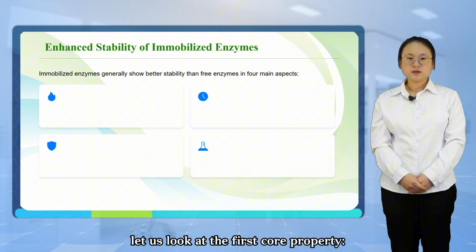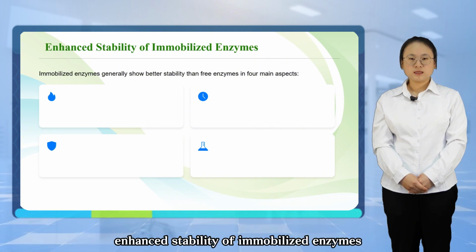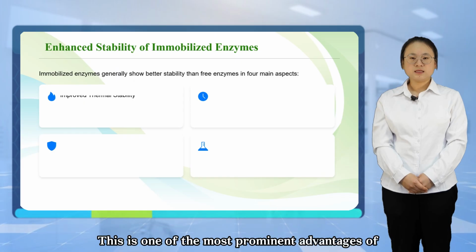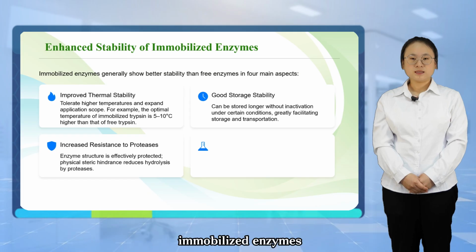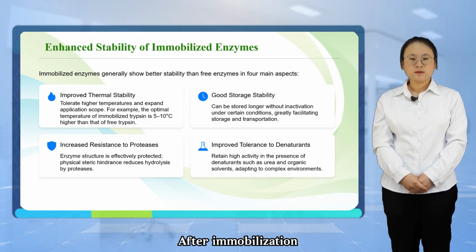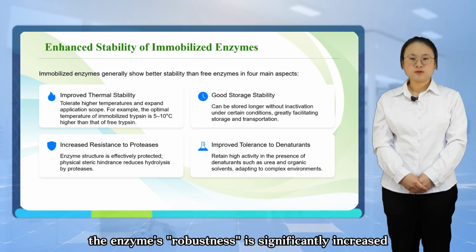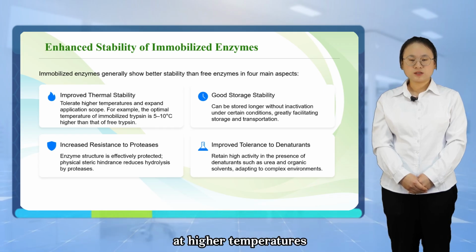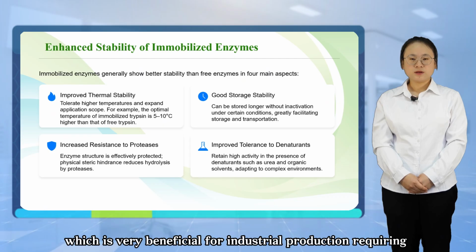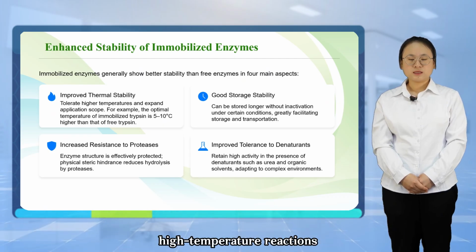Next, let us look at the first core property, enhanced stability of immobilized enzymes. This is one of the most prominent advantages of immobilized enzymes. After immobilization, the enzyme's robustness is significantly increased. First, it becomes more heat-resistant and can work at higher temperatures, which is very beneficial for industrial production requiring high-temperature reactions.